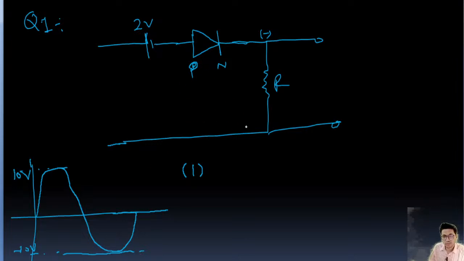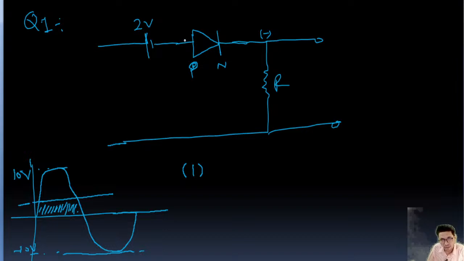So for this cycle, the output is going to be 2 volt. So for the positive half cycle, this 2 volt part will be clipped.